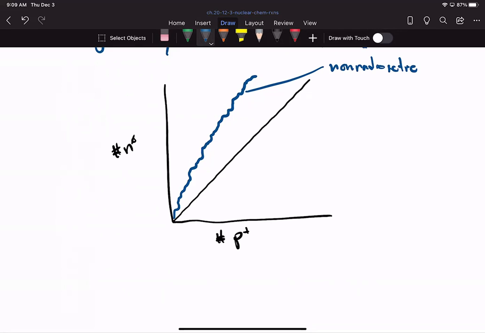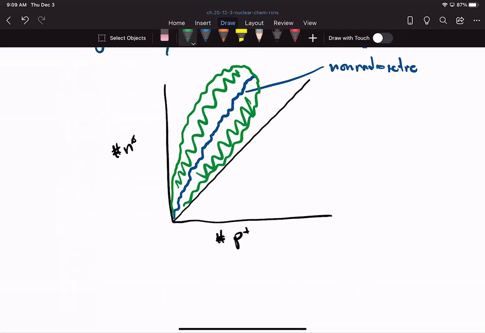And then all of our radioactive isotopes end up out here, on the outside. This is what we call our band of stability, right? Our band of stability.